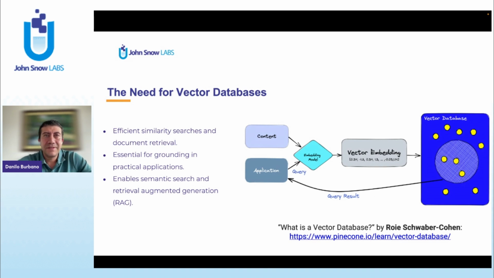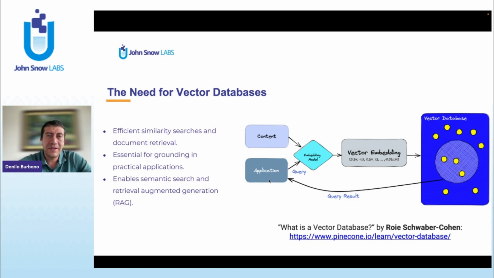As you can see here in this diagram, this illustrates how it works. We have the content, which is basically the data or documents to be indexed. We have an embeddings model, that could be BERT, DistilBERT, or E5, for example, that transforms the content into vector embeddings, capturing the semantic meaning. Then we store these embeddings in a vector database, allowing for efficient querying later on for an application.